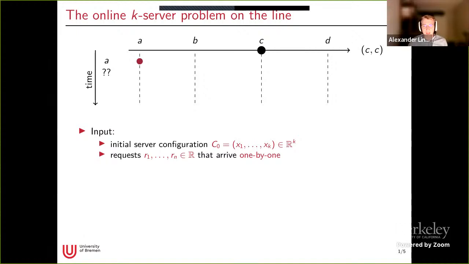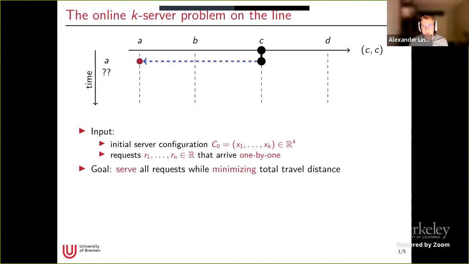Meaning in the beginning, an algorithm just sees the first request, and it first has to serve it by moving one server to the request, and then it sees the next request, and so on. So the algorithm always has to decide how to serve the requests. And the goal is to serve all requests while minimizing the total travel distance over the whole instance.